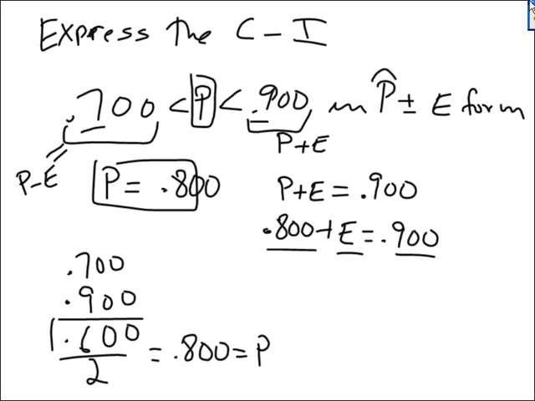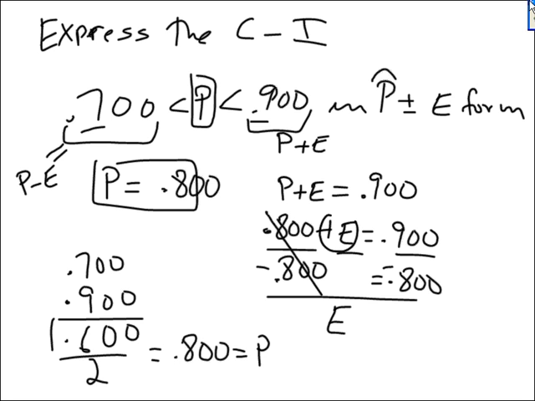Either way, E is 0.1 or 0.100. The way you were probably taught to do it, the non-thinking way, is to take away the 0.800 and you're left with E, and on the right side you subtract, you get 0.100.